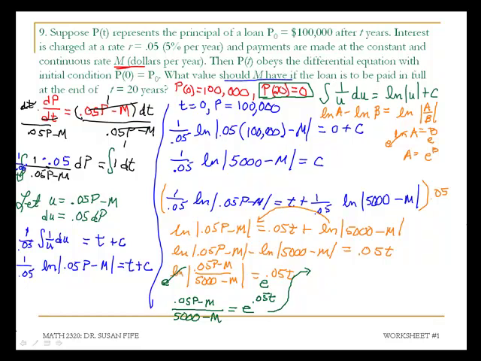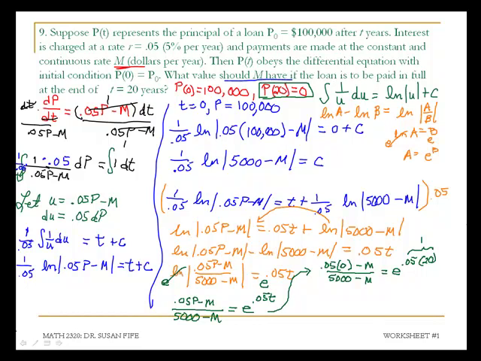See, my P is 0, so I get 0.05 times 0, minus m, over 5,000 minus m is equal to e to the 0.05 times, here t is 20. 0.05 times 20 is 1.